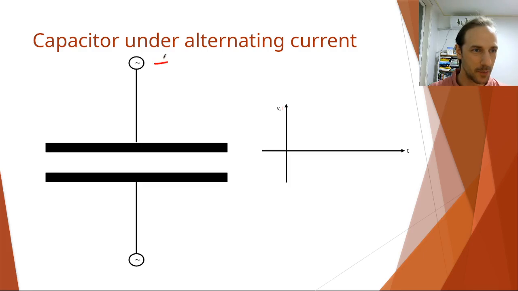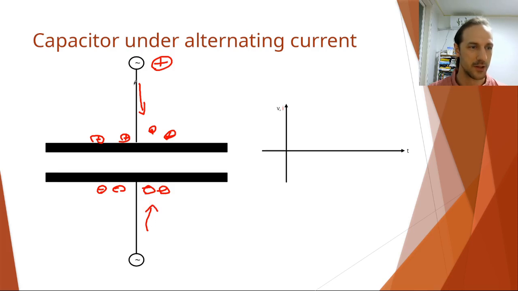start giving a positive bias here, the positive charges will be moving towards this plate. So positive charges will be accumulating here, and the negative charges will be accumulating here. So the current is flowing in this direction.